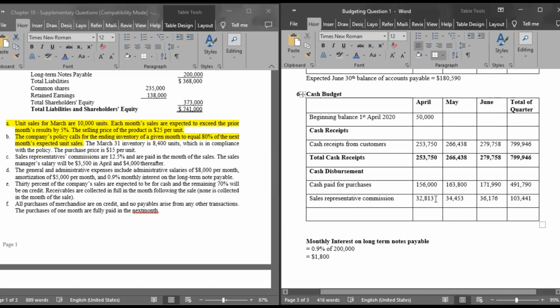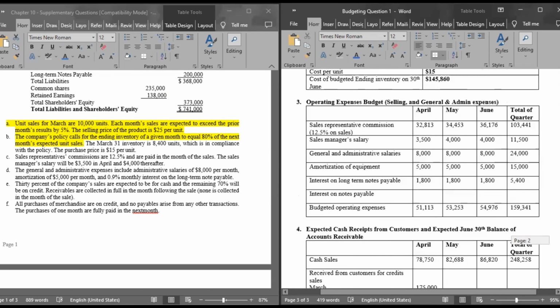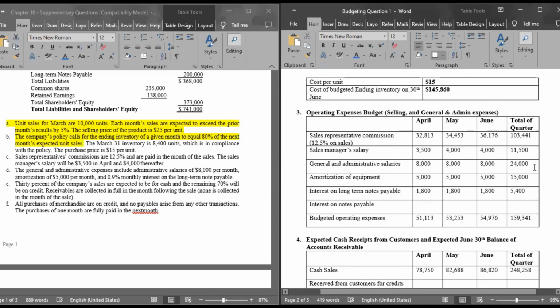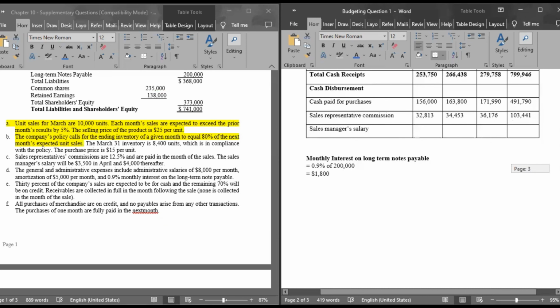The next amount we need to pay is the sales manager salary. The sales manager salary is 3,500 in the first month and 4,000 in the next month.